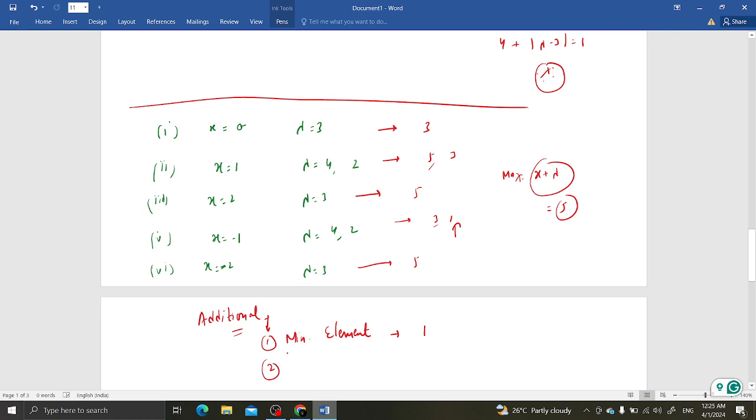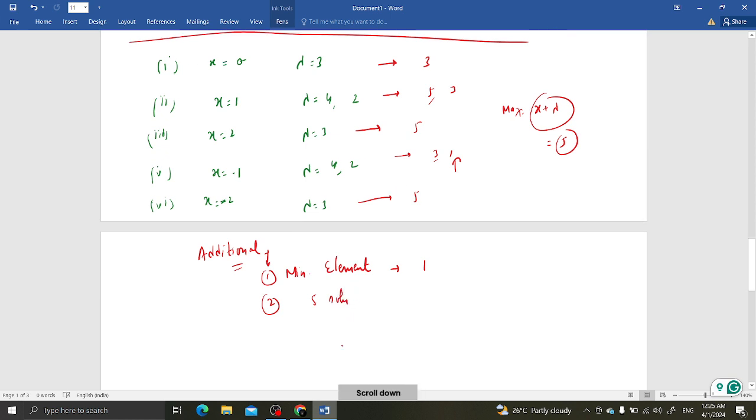It may be possible they will ask how many solutions we have exactly. So we have 5 solutions. Third one is, they may ask how many values of lambda are possible. So how many values of lambda are possible? 1, 2, 3.